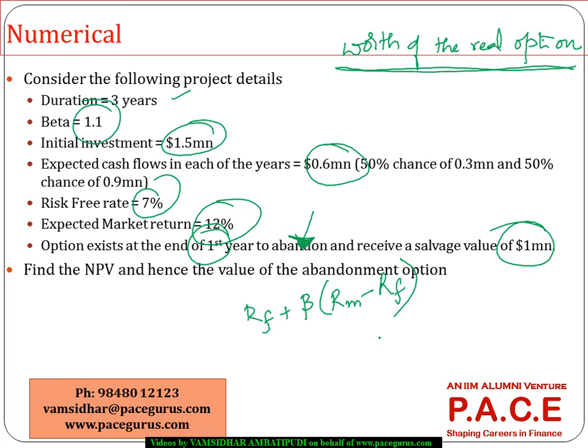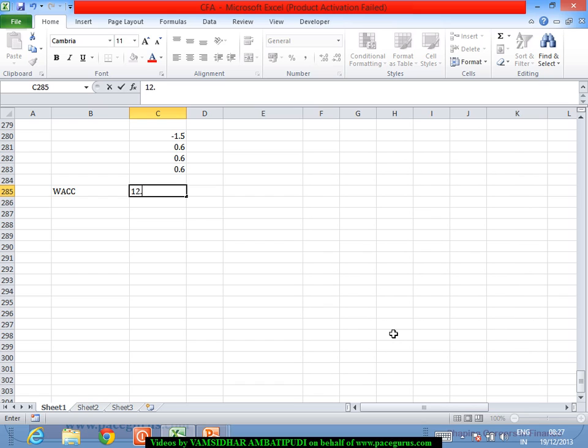So in this case, the weighted average cost of capital works out as 7% plus beta 1.1 times RM minus RF, which is 5%. So this is working out to 12.5%. So weighted average cost of capital is working out as 12.5%, and based on that I can compute the NPV of the project without the option.